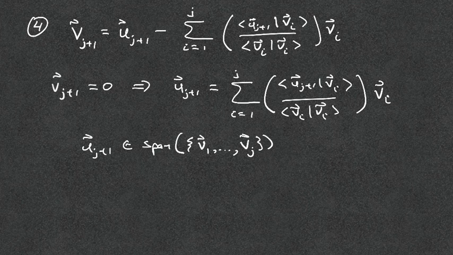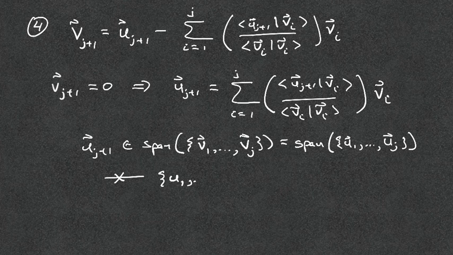But then, by our assumption, that was going to be the span of our u1 up to u sub j. Well, that would mean that we would have a contradiction that our set u1 up to u sub j plus 1 was linearly independent.